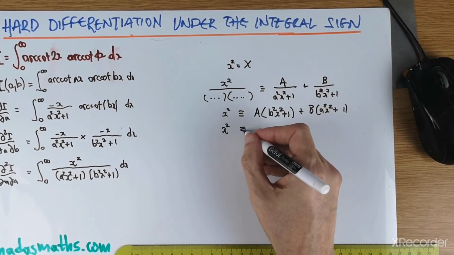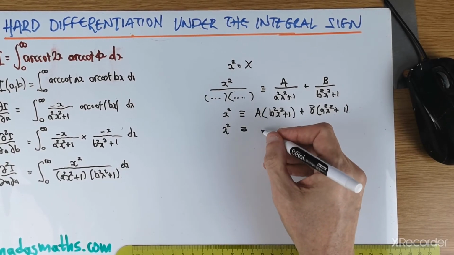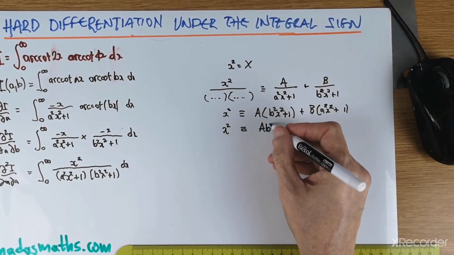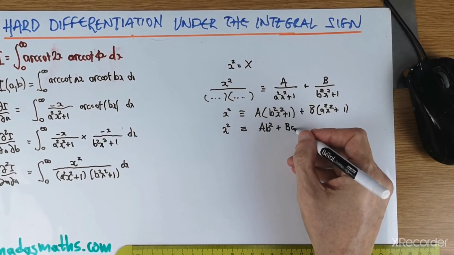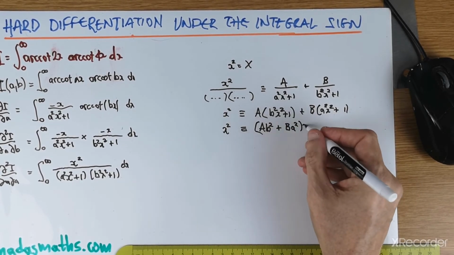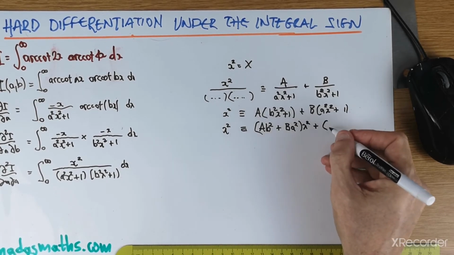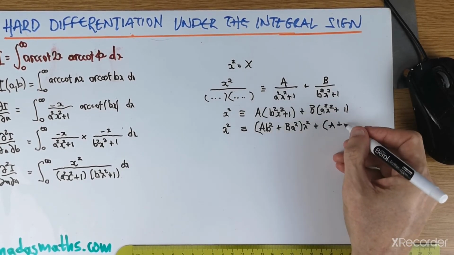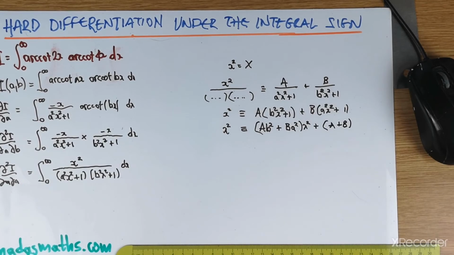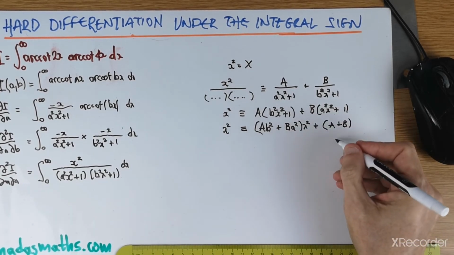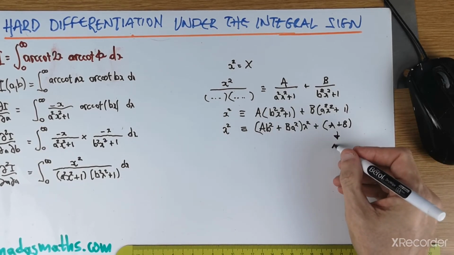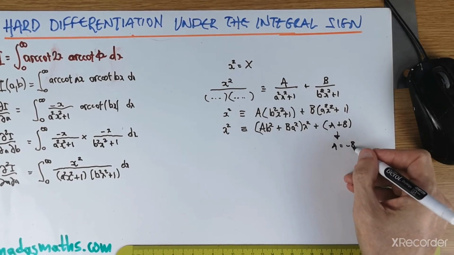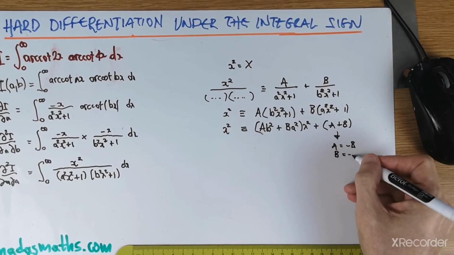So the x squared will be identical to ab squared from this bit here plus ba squared, lots of x squared, and the constants is going to be A plus B. So evidently, by comparing sides, the A plus B must be 1. That means from this bit here, we're clearly having that A is equal to minus B, or B is equal to minus A. It's the same thing, really.